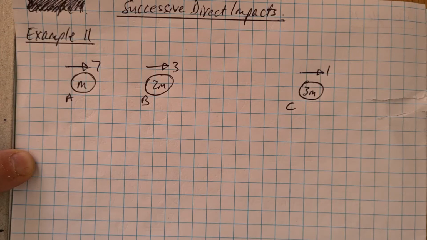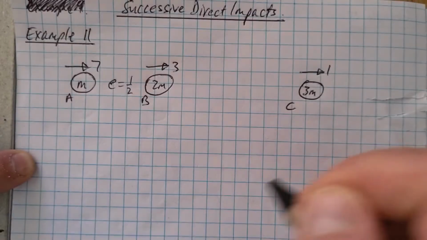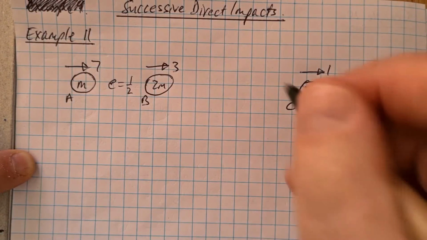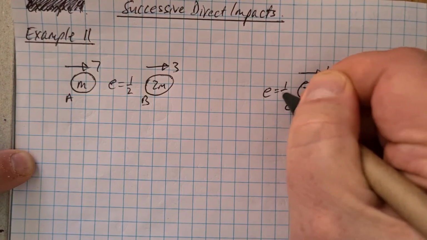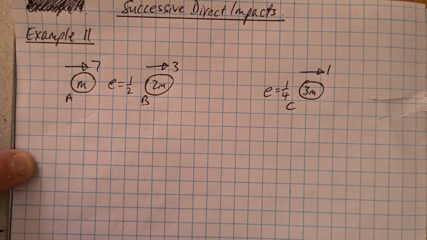A collides with sphere B and then sphere B collides with sphere C. We're told that the coefficient of restitution between A and B is 1/2 and the coefficient of restitution between B and C is 1/4. So our same before and after diagram here. Part A asks us to find the velocities of the three spheres after the second collision.